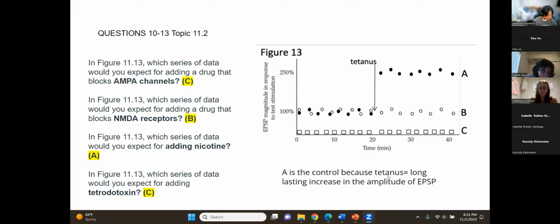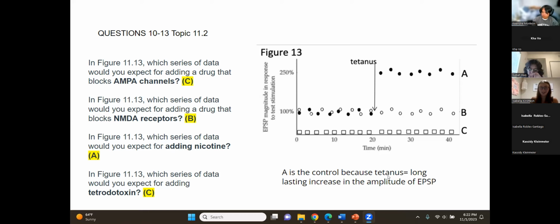The Mg is only removed from NMDA when there's a strong depolarization and glutamate, and this will open NMDA and allow calcium to go through. This calcium then stimulates the insertion of more AMPA channels, which allows the increase of the excitatory postsynaptic potentials, which ultimately helps create tetanus and long-term potentiation.